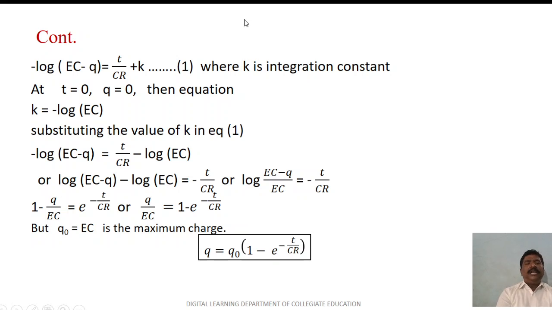What are the initial conditions? Whenever the time is equal to 0, the charge in the capacitor will be 0. Is it right? So when t is equal to 0, q is equal to 0.